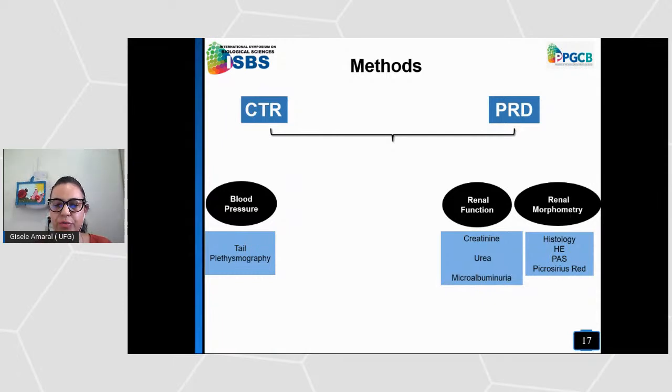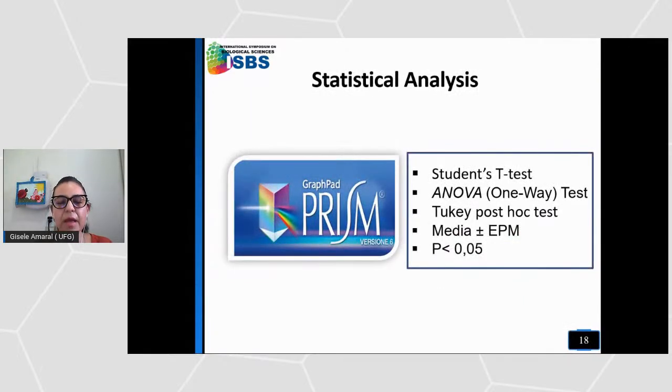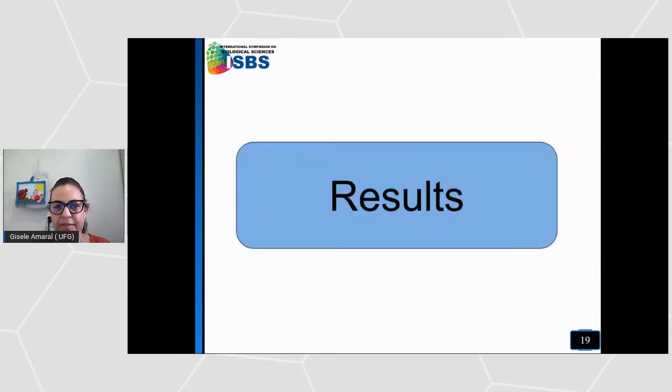The kidney tissue was stained with hematoxylin and eosin, periodic acid-Schiff, and Sirius red staining for evaluation of morphological damage. Statistical analyses were performed by unpaired Student's t-test or one-way ANOVA followed by Tukey post-hoc test. Values of p less than 0.05 were considered statistically significant.